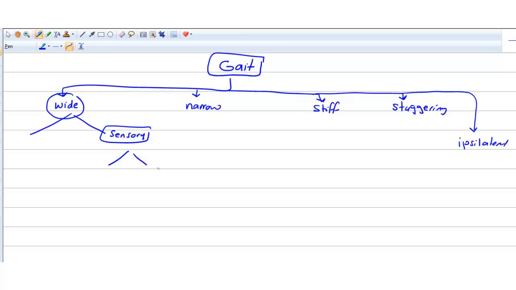The first one is just dorsal column problem, which is basically peripheral nerve or roots, and usually this could be syphilis, right? Or maybe vitamin B12 deficiency, but usually it's syphilis. So this is sensory ataxia, dorsal column, nerve roots.